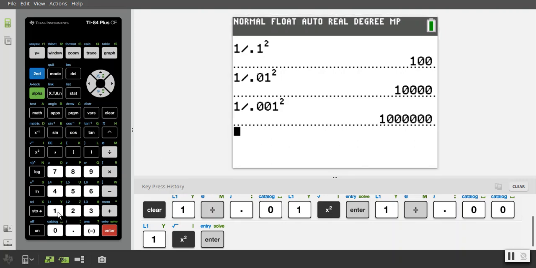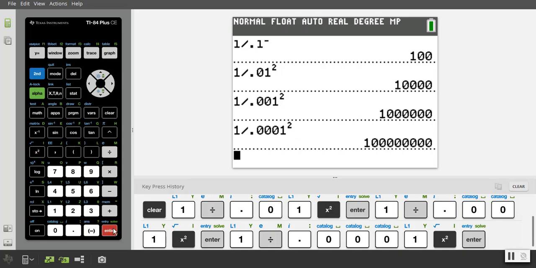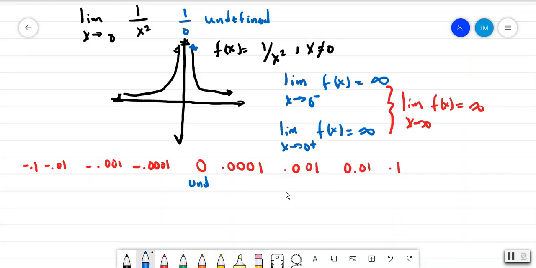You do the same thing for 1 divided by 0.0001, and you square that. And now we see that we have 100 million. So we can go ahead and write that in our chart over here.